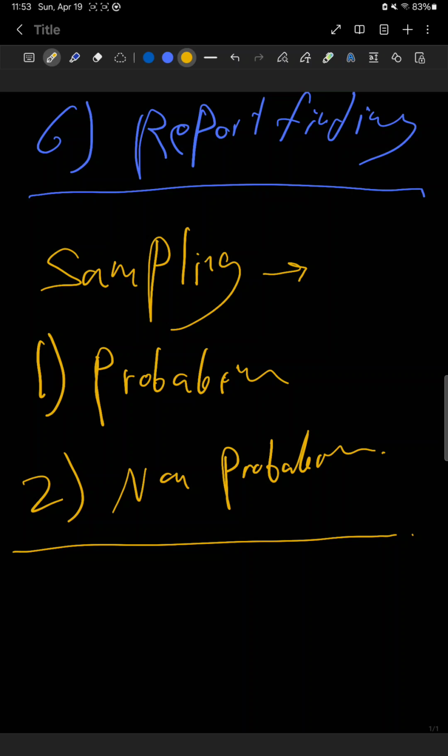So of course we have talked about data collection tools like surveys, interviews, observation, experiments. Now we want to talk about similar terms, which is validity.